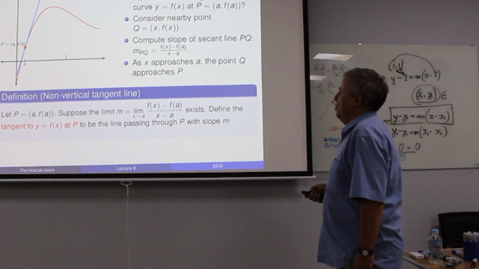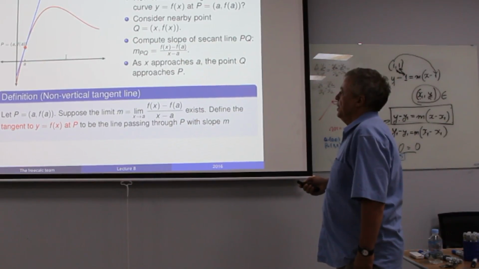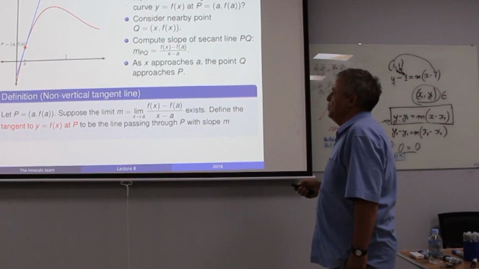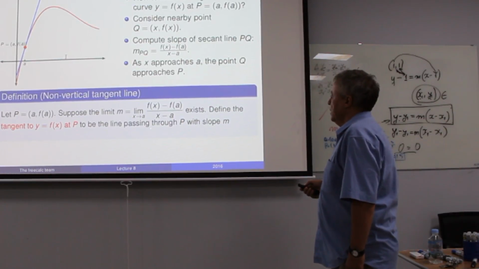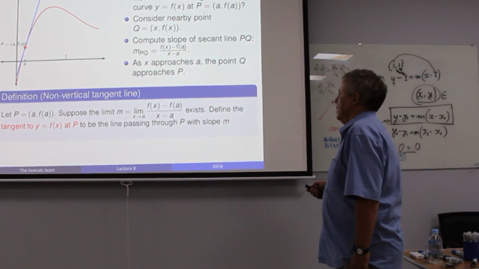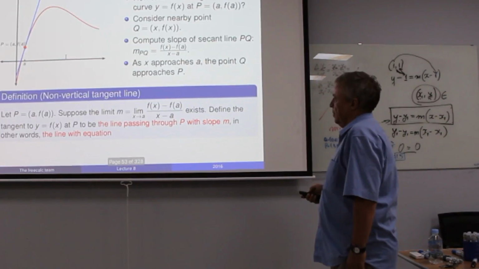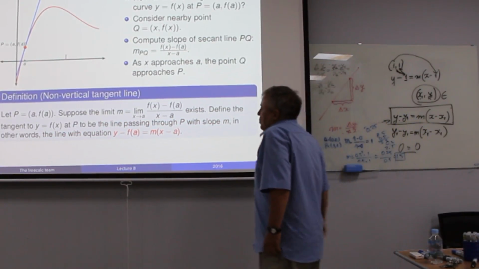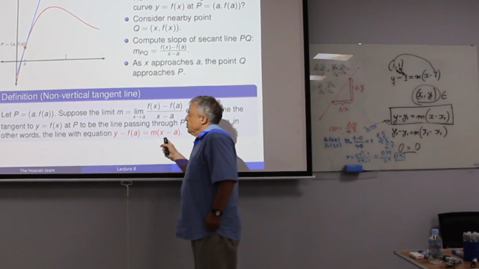Okay, so this slope, we're going to define M to be the slope of the tangent line at that point. And the tangent line, of course, will have that equation.